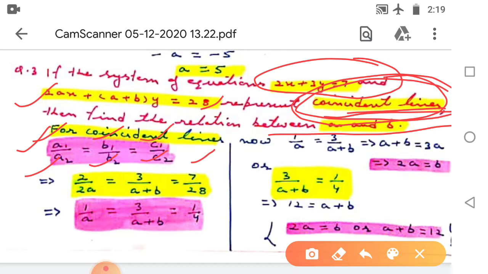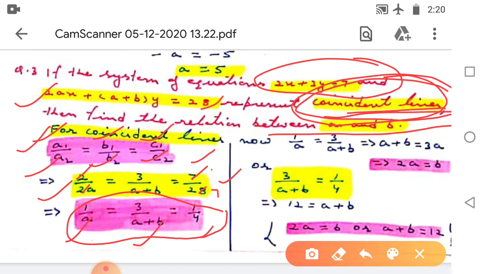After putting the values of a1, a2, b1, b2, c1, c2 here, we get 2 upon 2a is equal to 3 upon a plus b is equal to 7 upon 28. So this 2 is gone. So 1 upon a is equal to 3 upon a plus b is equal to 1 upon 4.